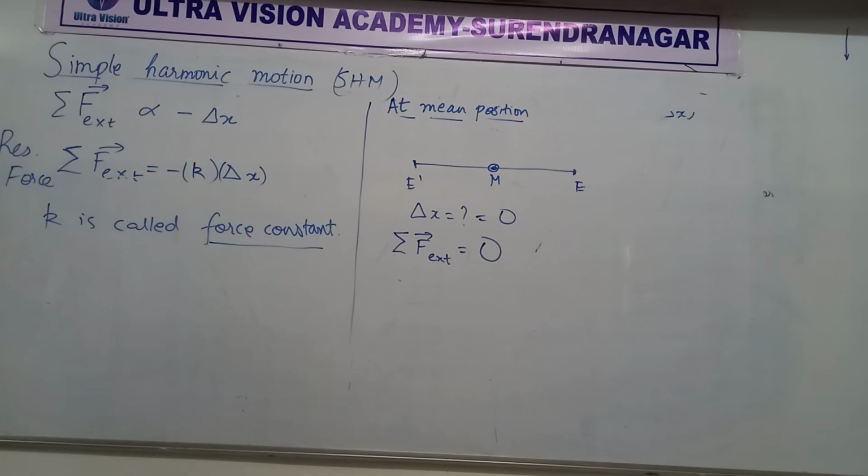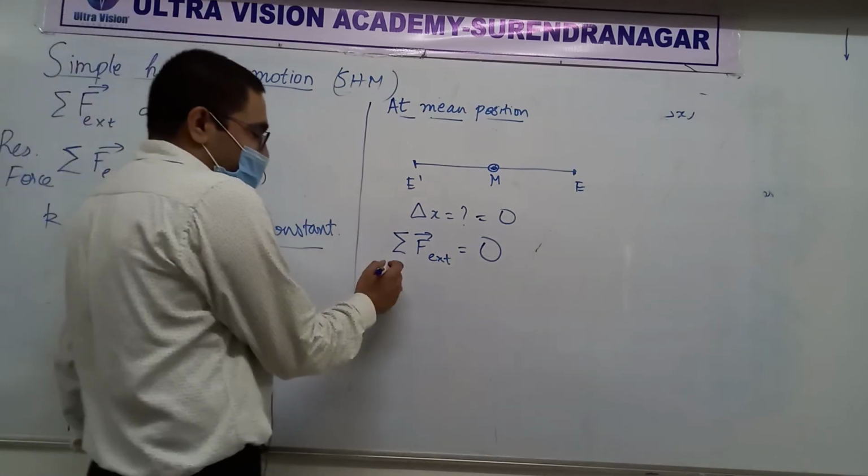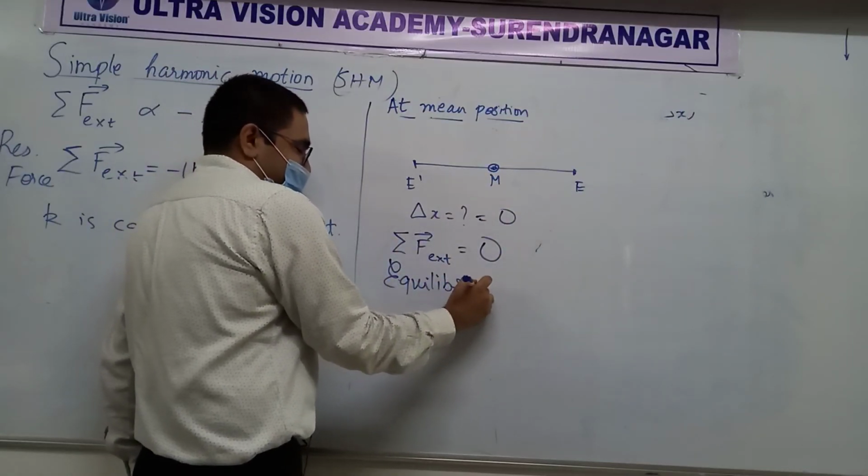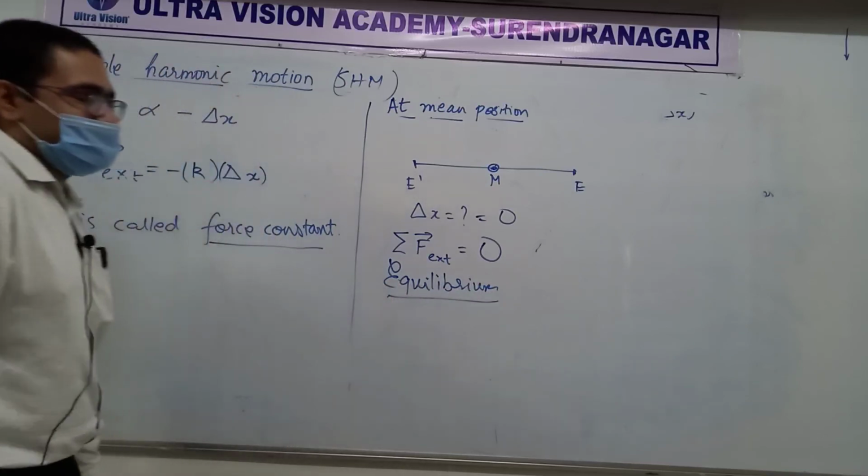Total external force 0. What is the technical name for this? Yes, very good. So many of you are giving the right answer. Equilibrium. Well done. So it means that at mean position the particle is in equilibrium.